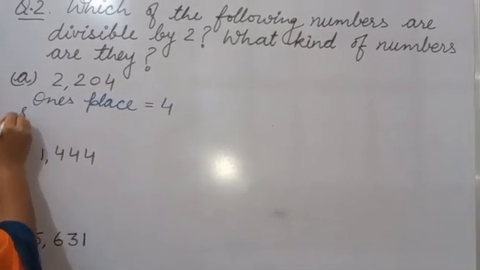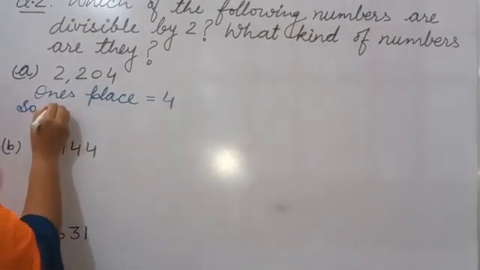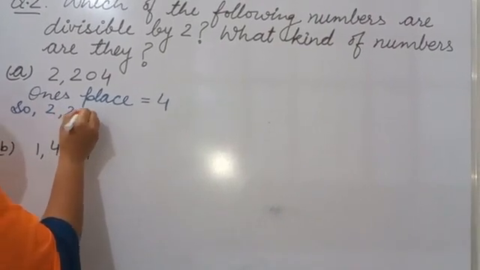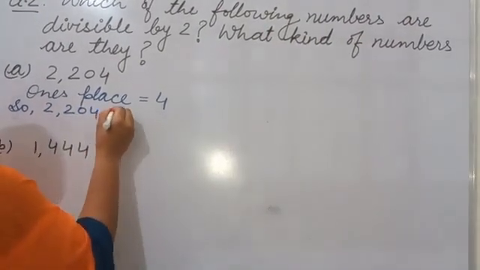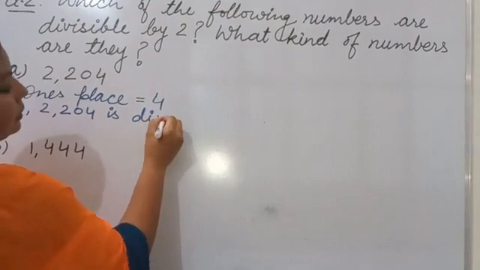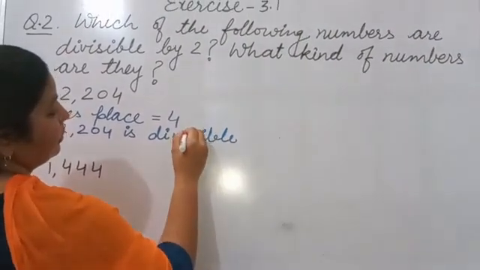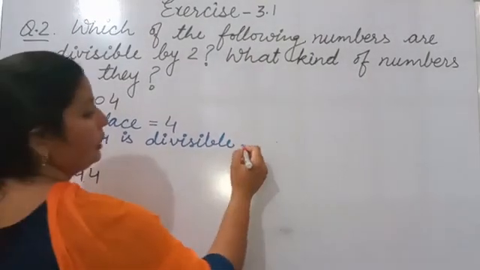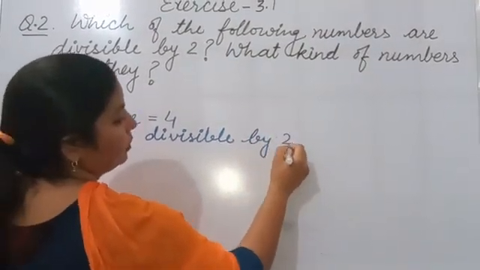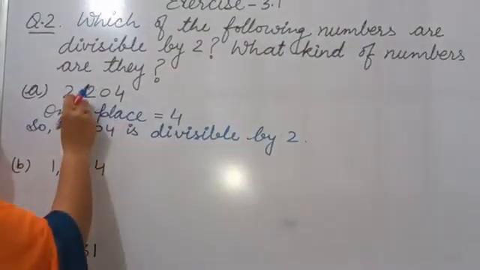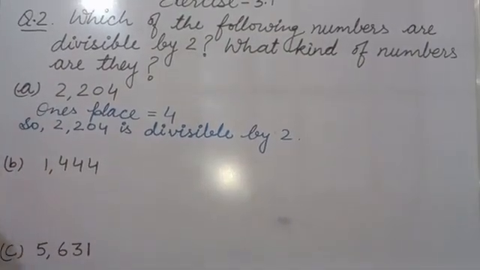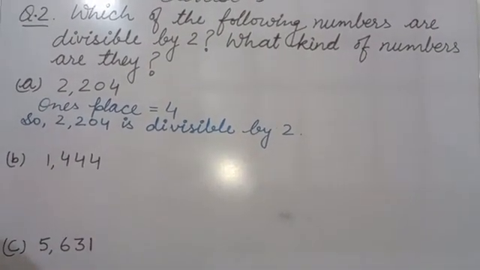So 2204 is divisible by 2. Now this is which type number? This is odd or even? This is even number.